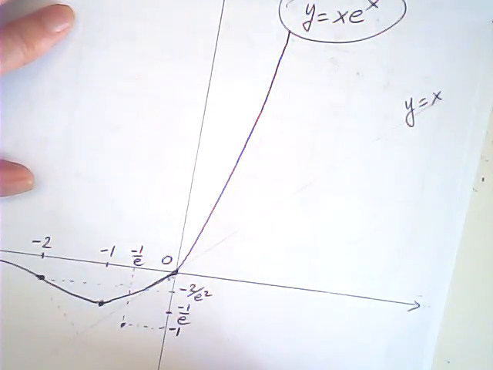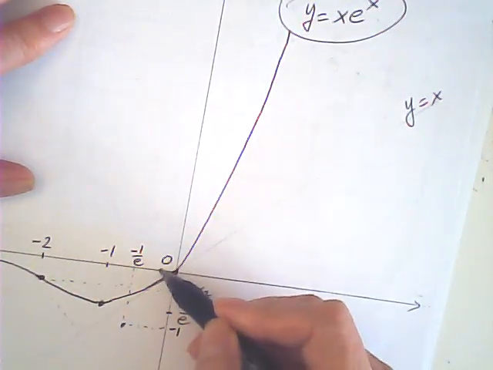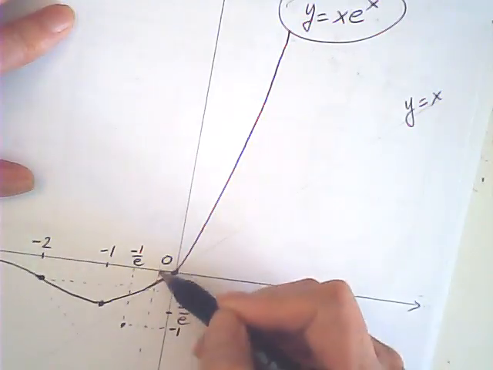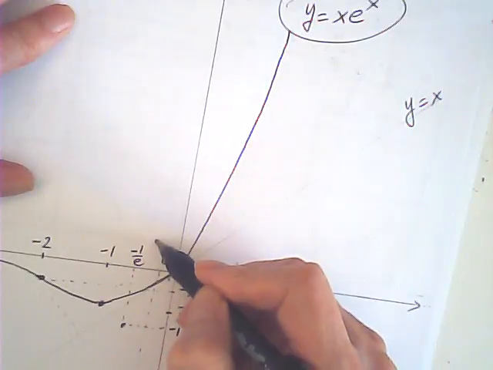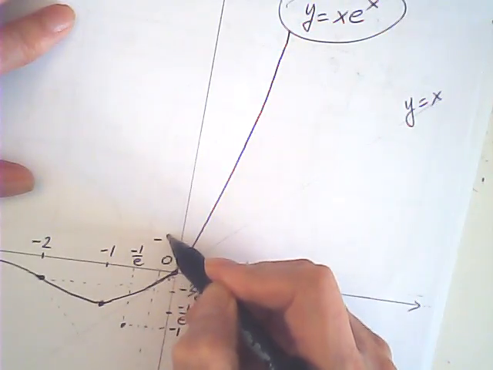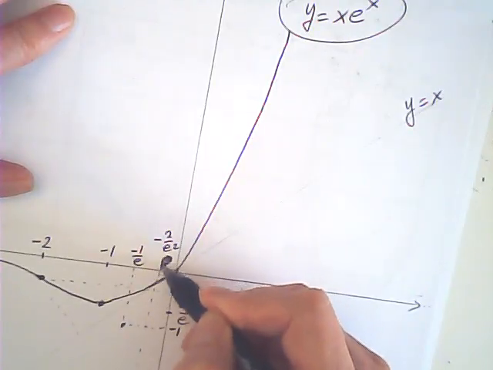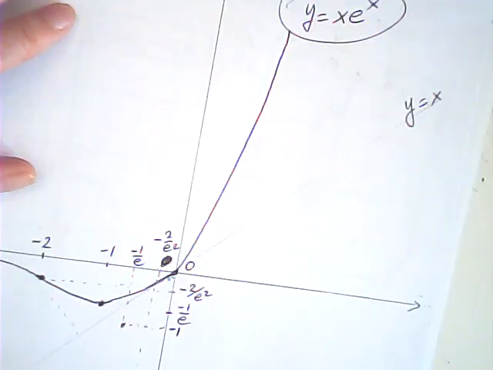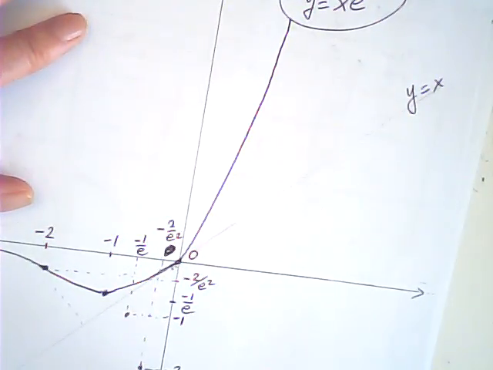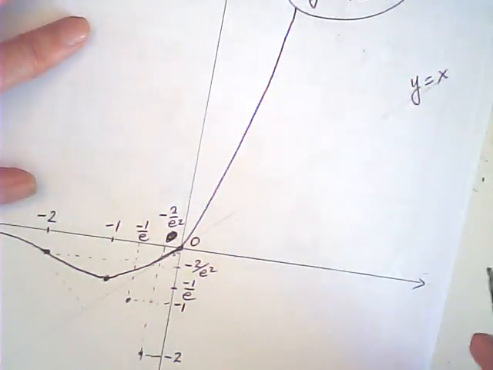And for this image, it will be somewhere here. Yeah, this will be negative 2. This point is negative 2 over e squared. Sorry, the 0 is here. Very good. Now we can sketch the curve.